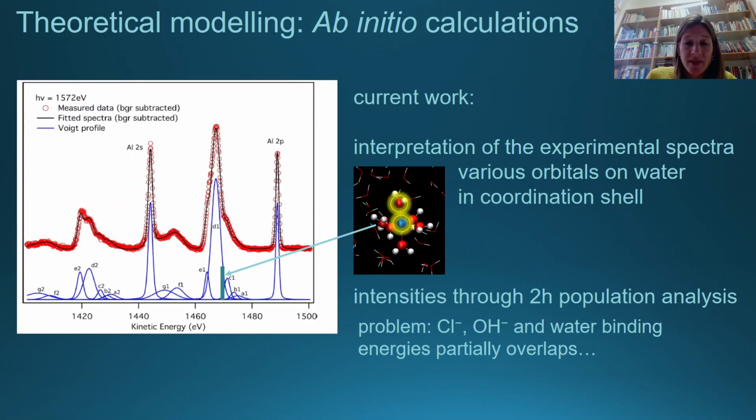The research is still ongoing because there are large discrepancies in the energies corresponding to each of the states. We are also facing problems connected to the overlapping of the signals coming from the chloride and the hydroxyl anions. Therefore, it complicates our ability to distinguish the peaks which are in the same region.